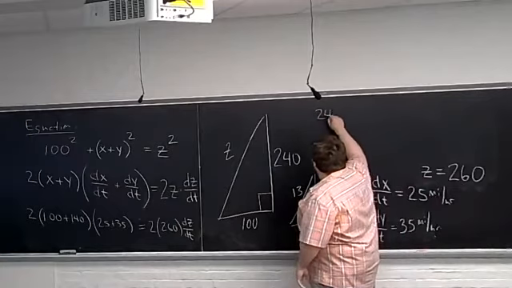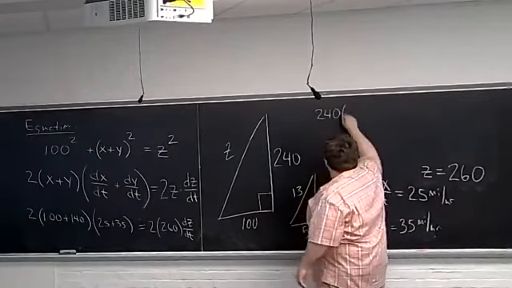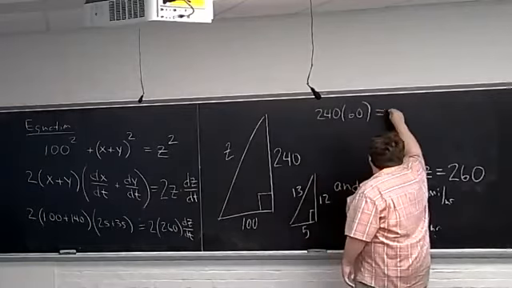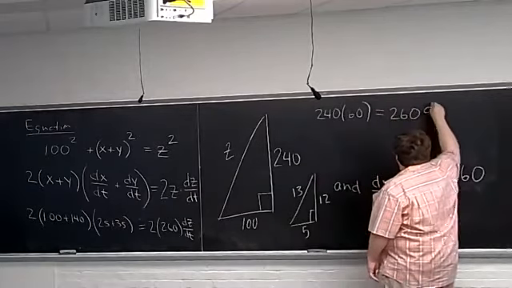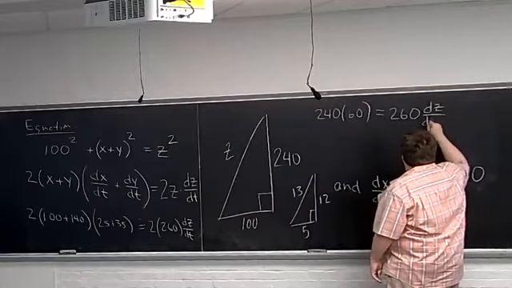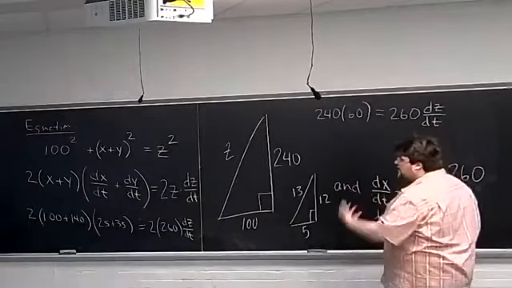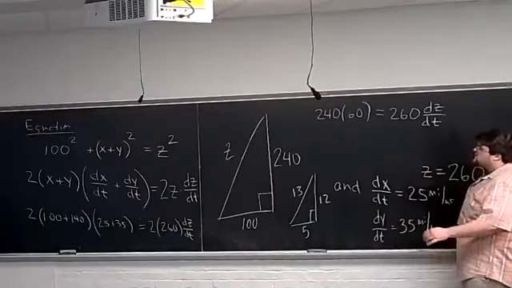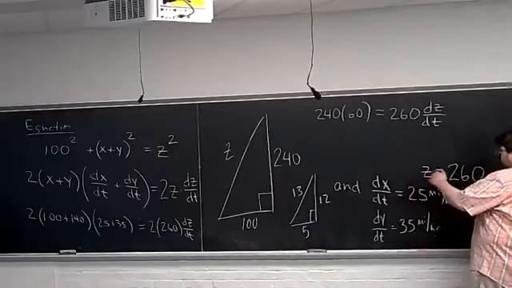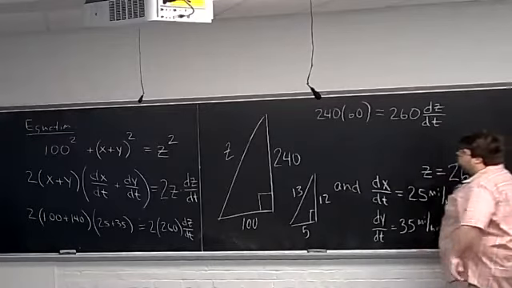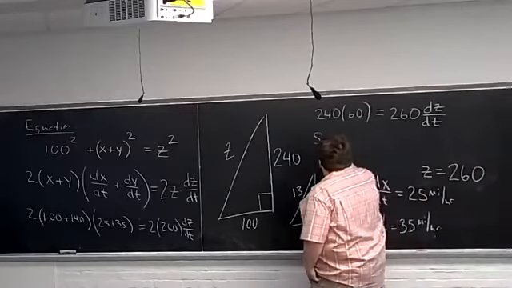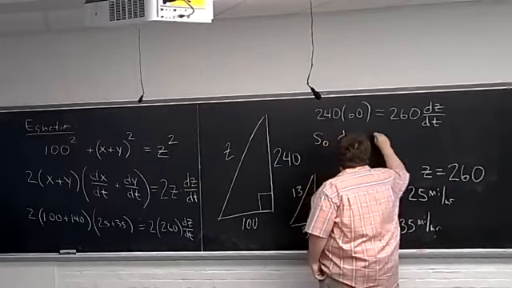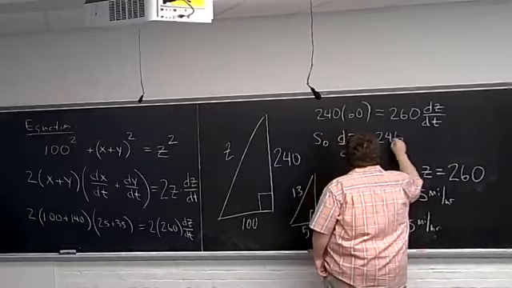We have 240 times 60 equals 260 dz/dt. We could divide both sides by 2, could also divide by 10, I'll leave it like this. Divide by 260, and what do we get?